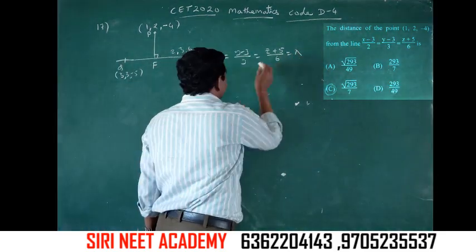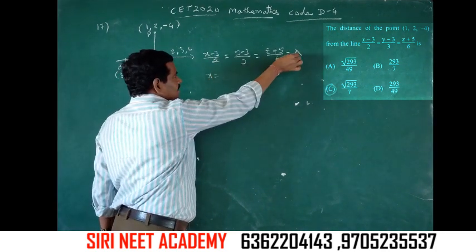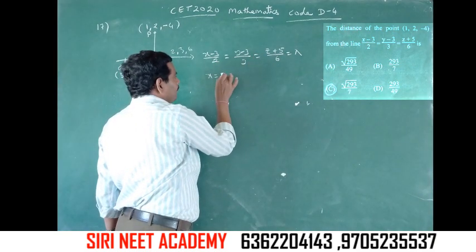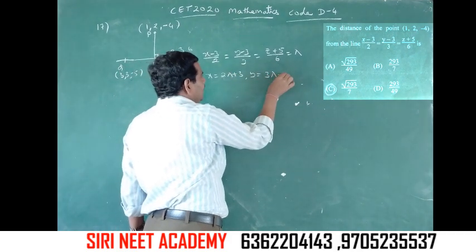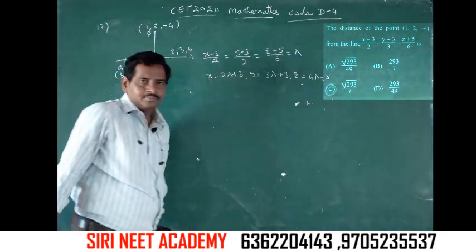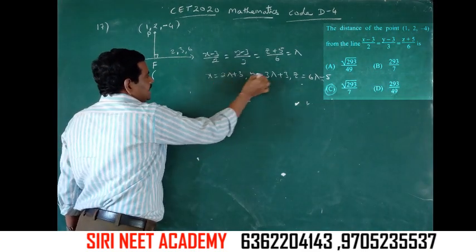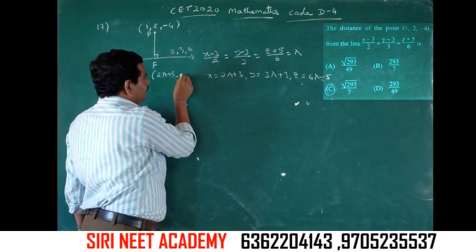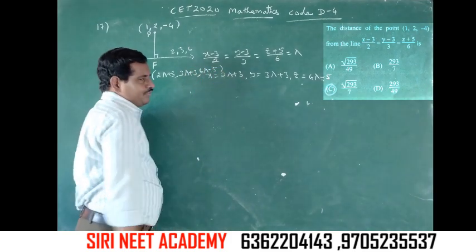Equate all this to lambda. So x minus 3 by 2 is lambda, x minus 3 is 2 lambda, x value is 2 lambda plus 3. Similarly, y is equal to 3 lambda plus 3 and z is equal to 6 lambda minus 5. Suppose these are the coordinates of F: 2 lambda plus 3, 3 lambda plus 3, 6 lambda minus 5.